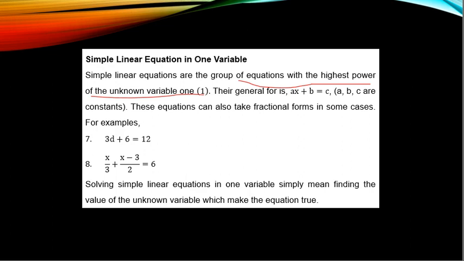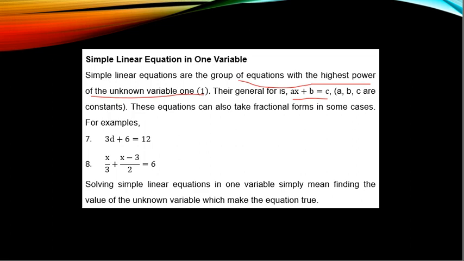Their general form is as plus b equal to c. In this form, s is the unknown variable and the power is 1, so you call this form a linear equation. a, b, c are constants. They can be any numbers.